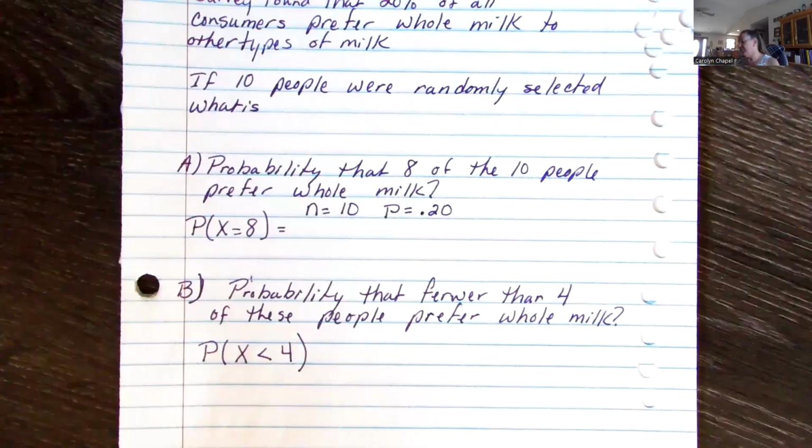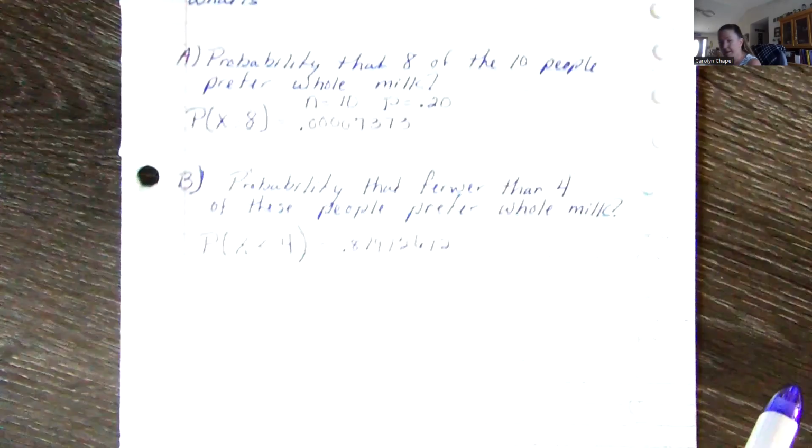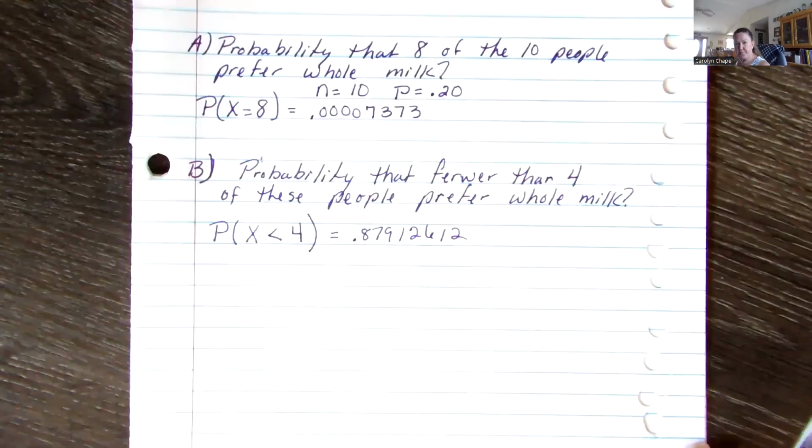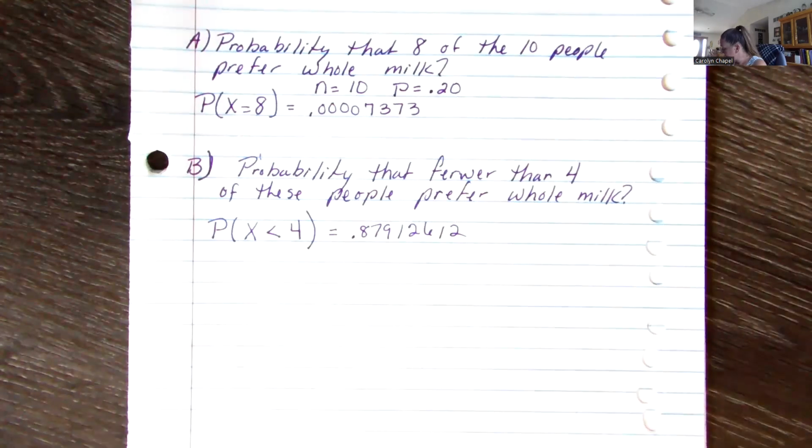We're going to go back to my other screen, and I want to continue this idea of the binomial and move into just kind of completing the binomial piece and ask another question.